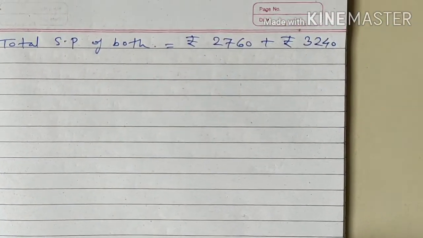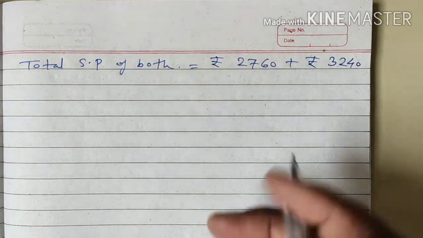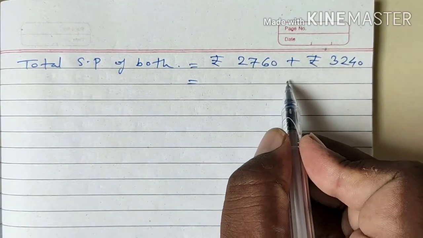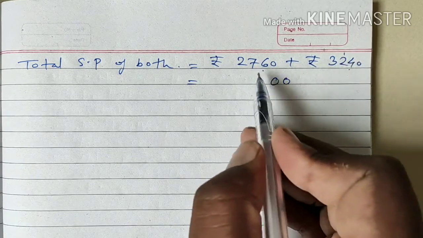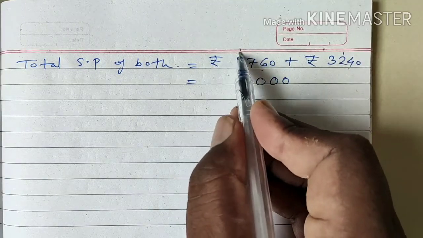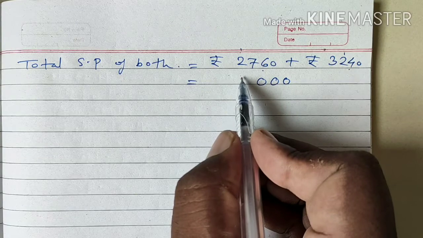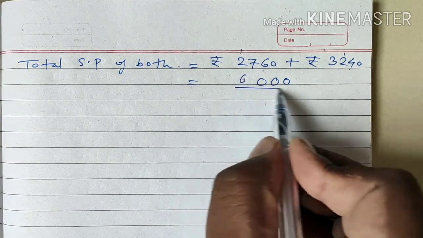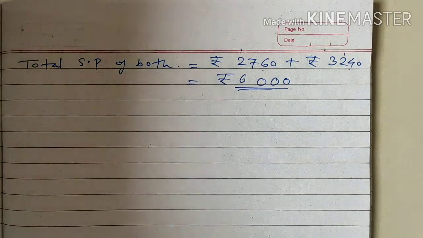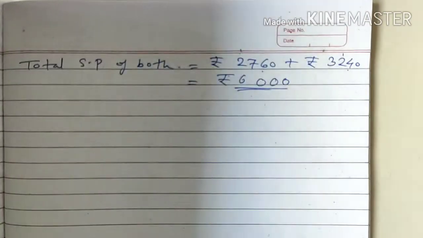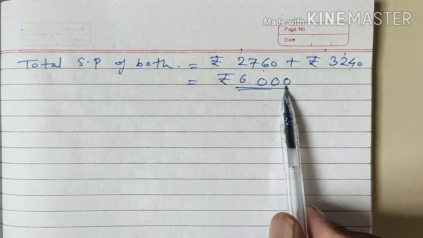Okay, now see what we are getting. Total selling price: 0, 6 plus 4 is 10, 10, 2, 3, 3, rupees 6000.